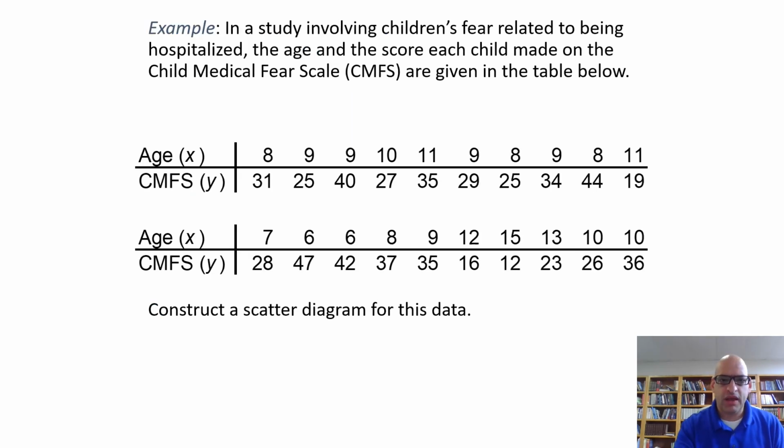And then as you work through some more of the examples, let's say children's fear related to being hospitalized, the age, the score that they're showing based on the survey that was deployed in your research dissertation. Well, that ends the quantitative design methodological.